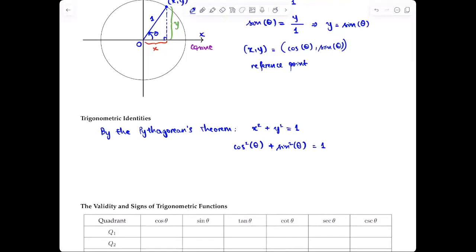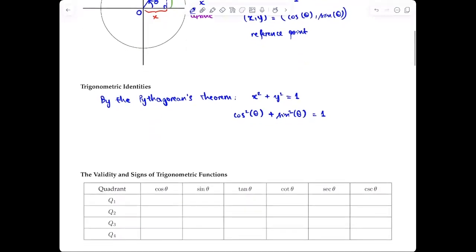Another identity I want to show you is a quick proof here. If you divide both sides by cosine squared theta, this is what you're going to see: 1 plus sine squared of theta over cosine squared of theta equal to 1 divided by cosine squared of theta. Now, what is sine theta over cosine theta equal to?